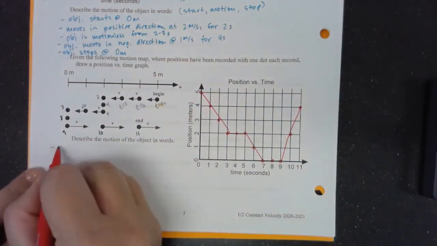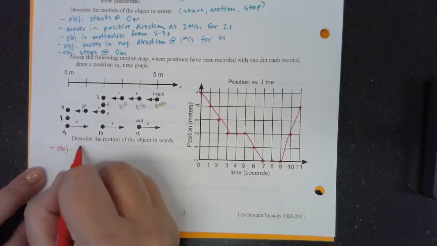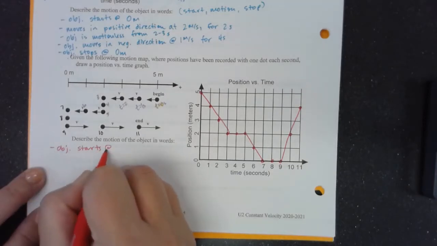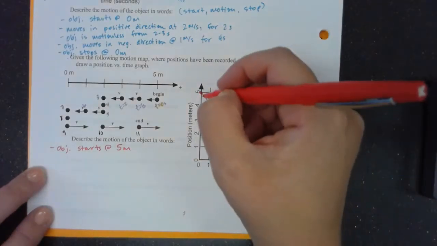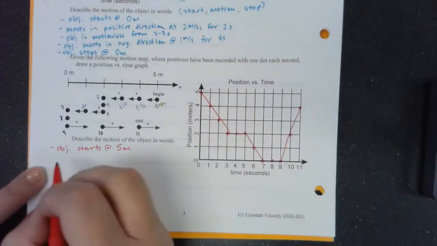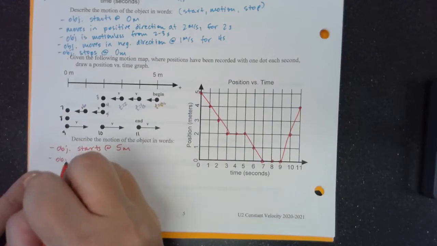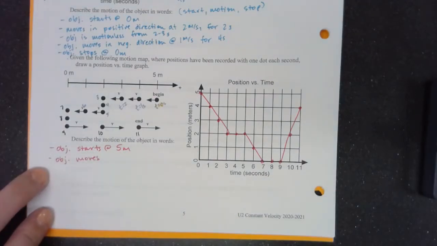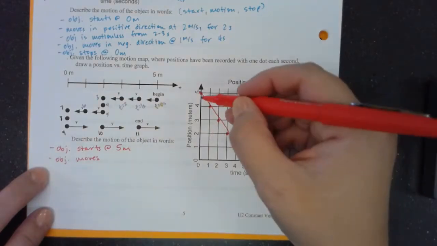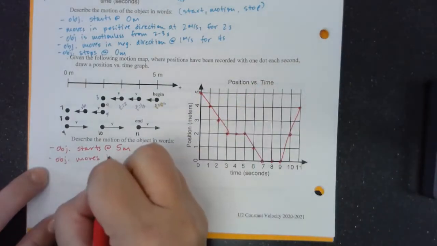I'm going to say that my object starts at 5 meters. And then my object moves which direction, positive or negative? Our object's going to move in the negative direction because our position's getting smaller.